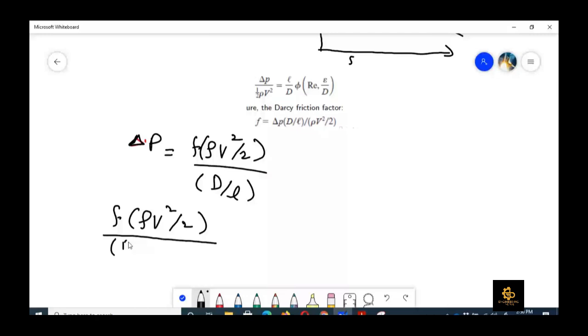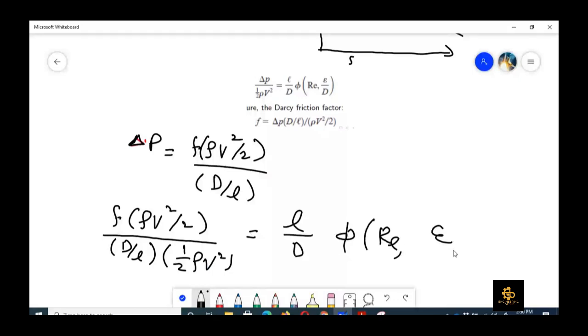And if we put it here, where we have half rho v square, it is equal to l upon d, function of Reynolds number and epsilon upon d.